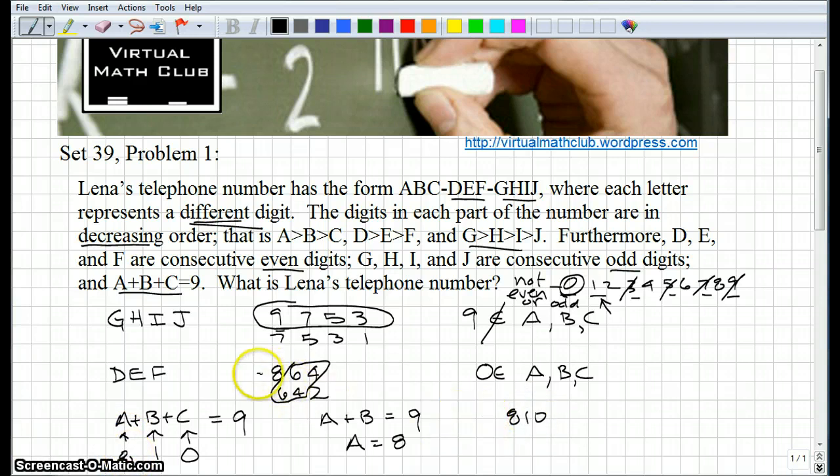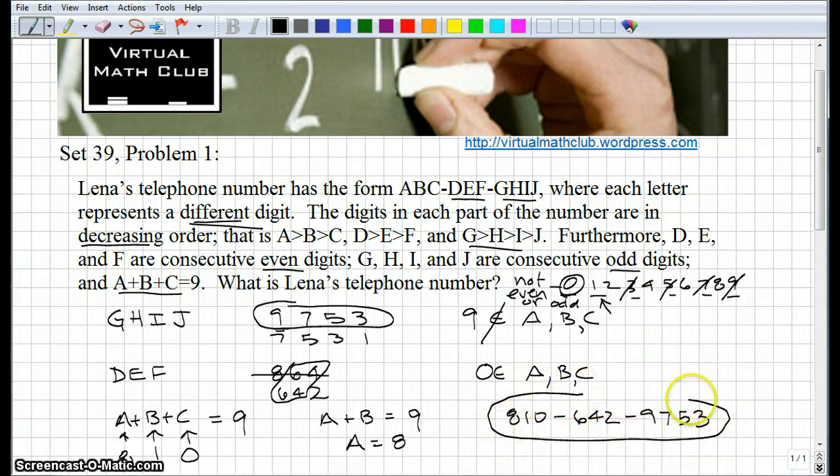And so that tells us that this is not a possibility anymore because the 8's been used, and we're looking for different digits. So the next part of the phone number has to be 642. And then we've already figured out what the last digits are, 9753. All right. So that is Lena's telephone number right there. So there you go.